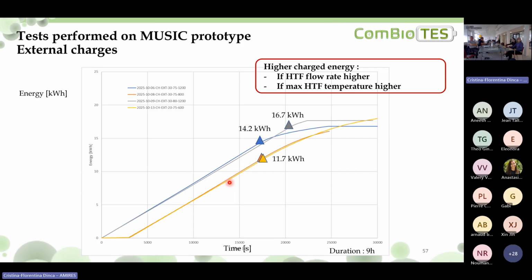If I plot the energy transferred to the storage as a function of time, it's linear due to the fact that the power is constant. With the high temperature set point, we transferred almost 17 kilowatt hours to the storage. With the low temperature set point, we transferred 14 kilowatt hours with the high flow rate, and only 12 kilowatt hours with the low flow rate.